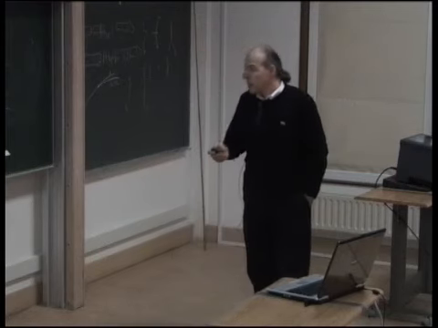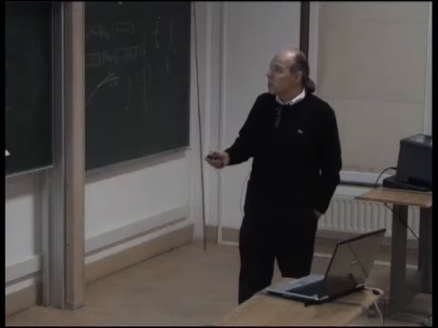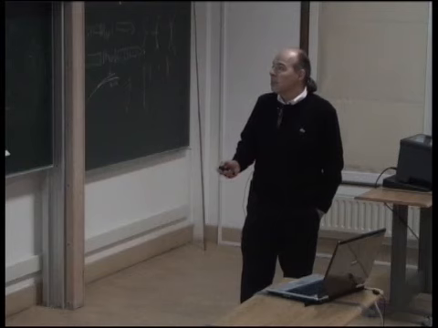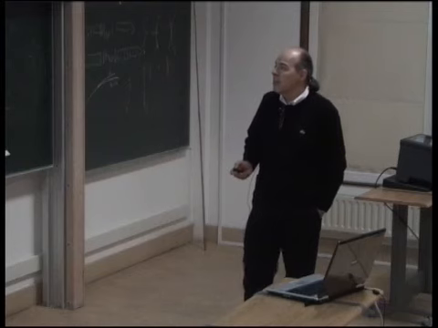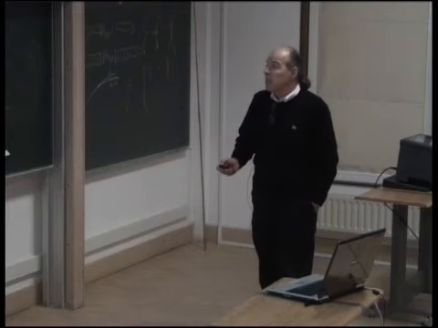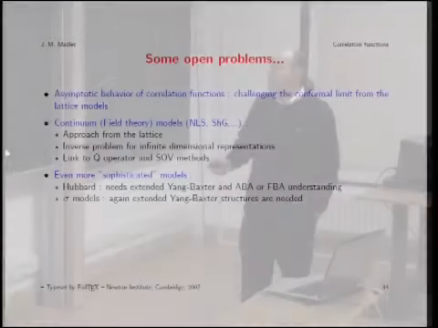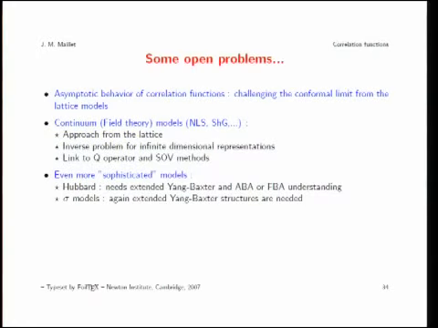I have to say that one other problem which is related to the asymptotic behavior is the problem of field theory. So one possible approach is from the lattice. There are many problems there, like quantum inverse problem for infinite dimensional representations, which we don't know. And probably one very important problem, which is a link to the Baxter Q operator and to the separation of variables method.